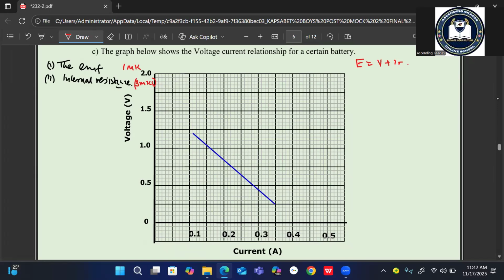Then you are supposed to make this equation match the graph where our V will become the Y. So we are supposed to match y equals mx plus c, the equation of a straight line. So V is equal to negative IR plus E, like that.